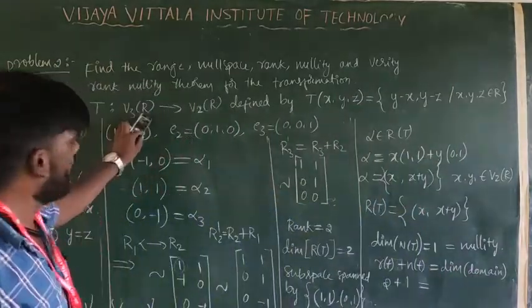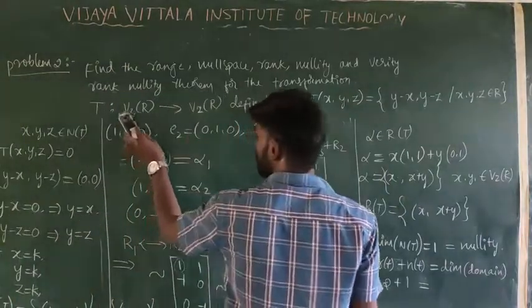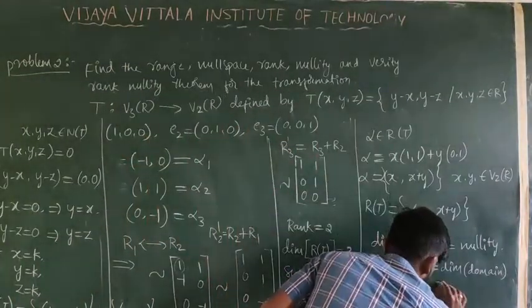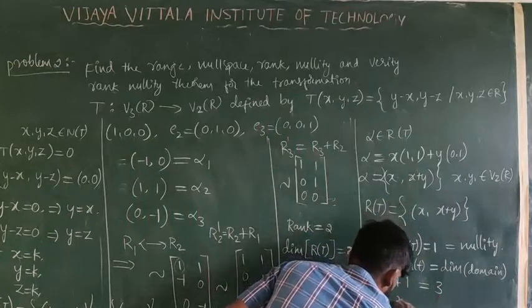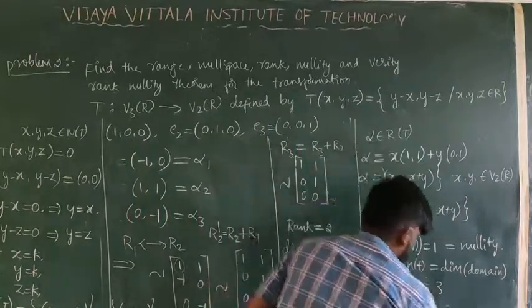Domain is V3 of R, a 3-dimensional vector space. Therefore, 2 plus 1 is 3, 3 equals 3. Therefore, the rank nullity theorem is verified.